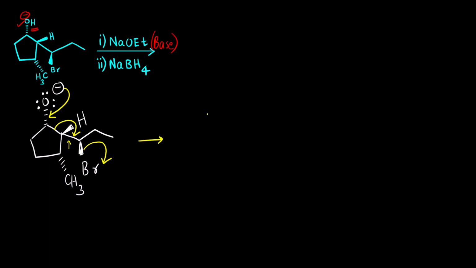Okay, so what will be the product? C double bond O, and here below the plane there is OH, so above the plane there will be hydrogen. So here there is one hydrogen, and then there are 2 carbons.